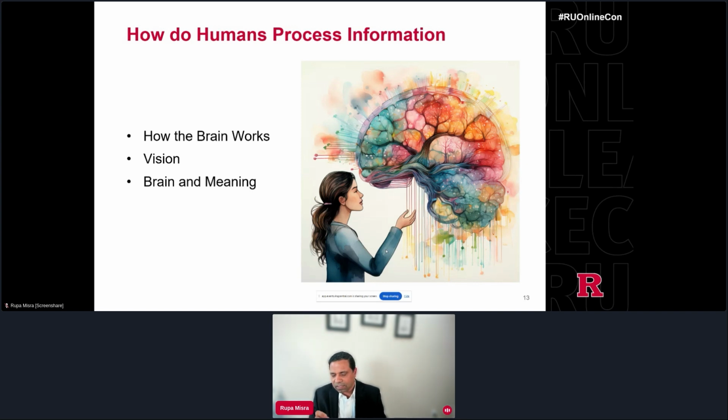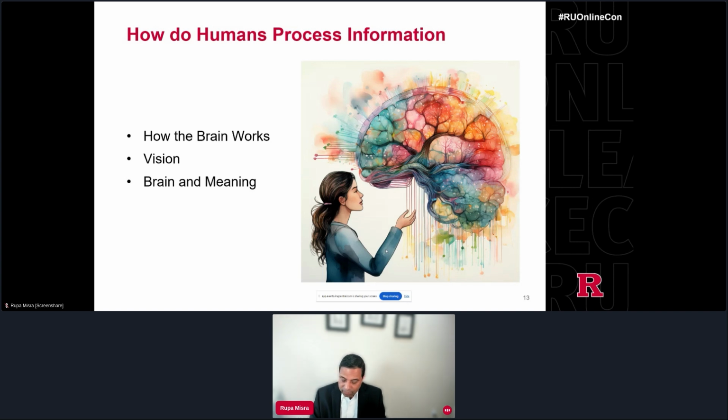And this meaning is subjective. So that is how the brain works. It doesn't see, it doesn't hear, it doesn't feel anything, doesn't touch anything. But it is this mechanism which analyzes and assigns meaning to this. That is how the brain works.